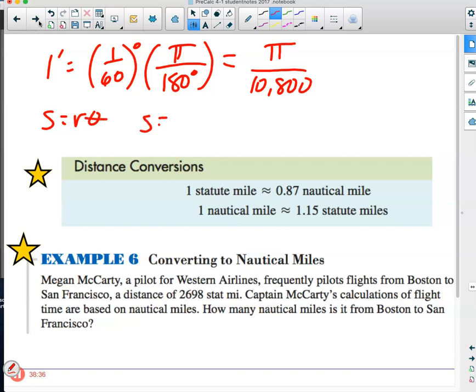So my arc length is the radius of Earth, which we just wrote down on the previous page, 3,956.09, times the angle in radians, which is going to be pi over 10,800. Now, let's go ahead and punch that one in.